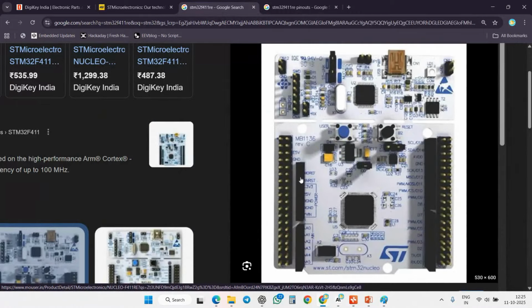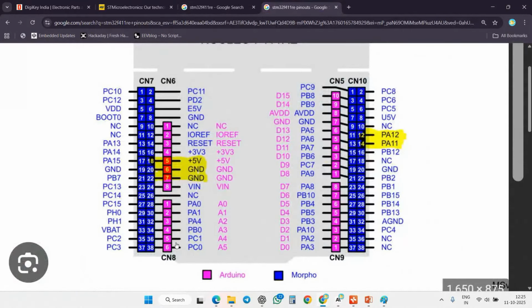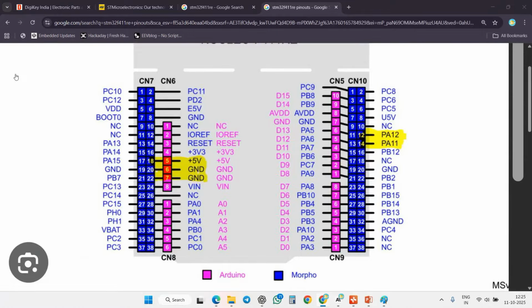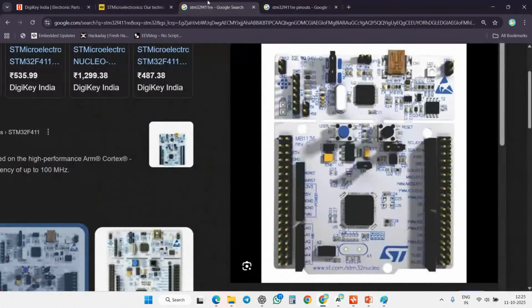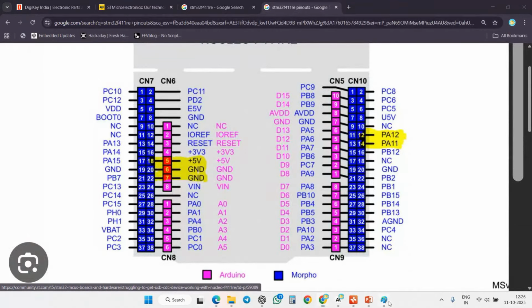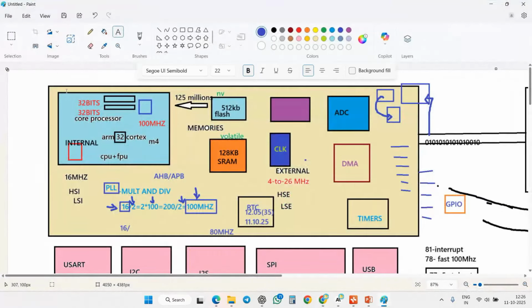This is the Arduino connectors' GPIO pins. Okay, the Arduino connectors are also there. These are called Morpho. Commonly we call these GPIO pins, right? But this time, I need to know what this PC10 is going to be doing, because multiple peripherals can perform on each and every GPIO pin.